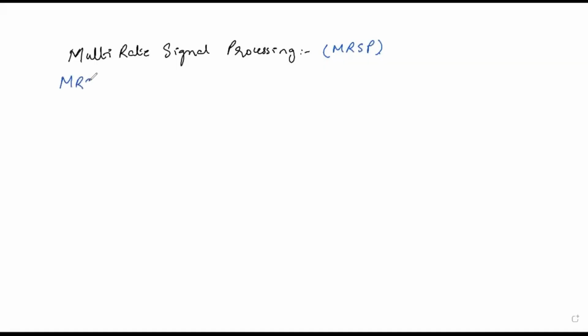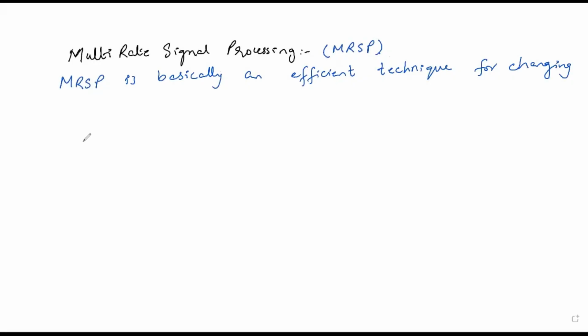So, multi-rate signal processing is basically an efficient technique for changing the sampling frequency of a digital signal.